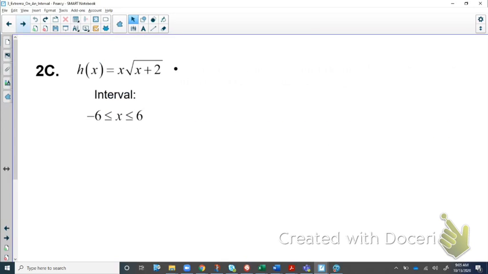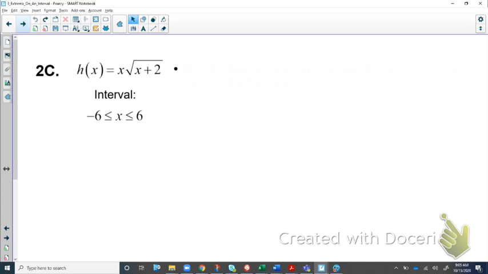All right, looking at this third one here, again, I have a radical function. And radical functions are one of the types of functions that is not going to have a domain of all real numbers. Especially because this one is a square root function, it's going to be anything that's greater than or equal to 0. So in this case, the overall function itself is not going to be continuous over all real numbers, and we're including some negative numbers there.